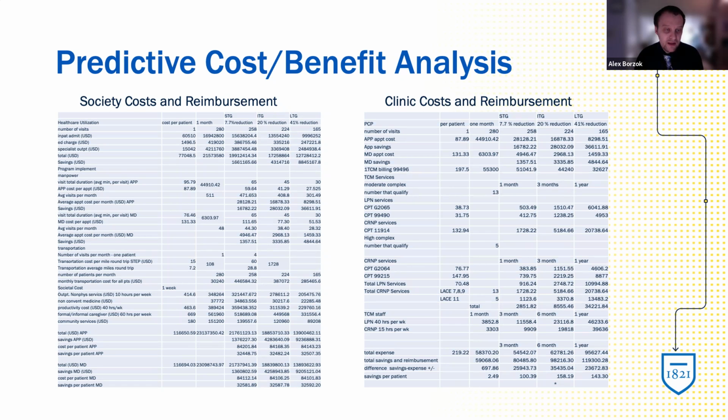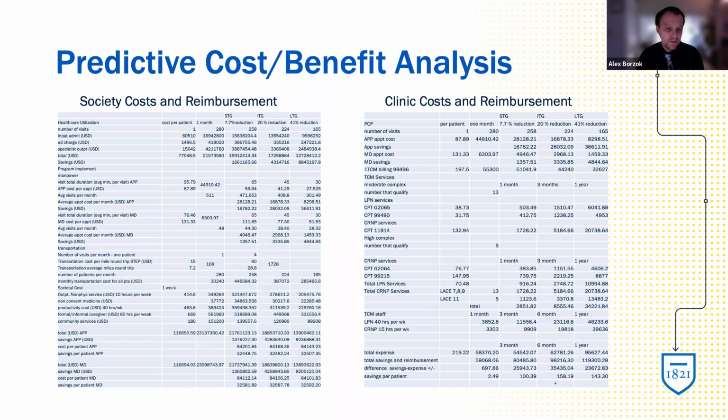What we looked at was both the potential societal cost of having a transitions of care program, and also what it would cost the clinic and what they would get back in terms of reimbursement, and where that money would be coming from. So let's look at the societal cost and reimbursement first.